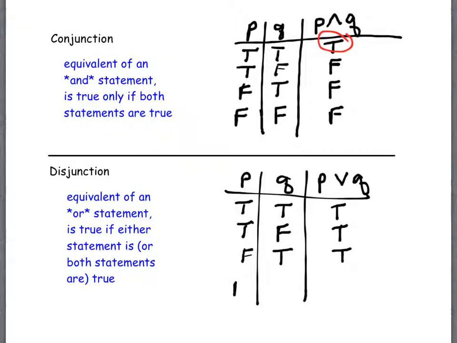But if Dr. Whitlock walks in and he says, I'm a mother or I'm a teacher, we've got problems because he's neither one of those things, right? So that would still be a false statement. So when you're dealing with a disjunction, you end up with only one false statement in the list. And it's the situation where both individual pieces were false.